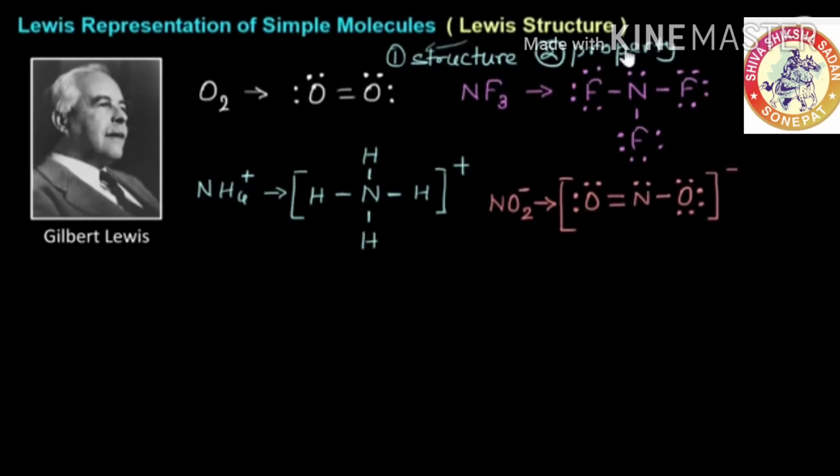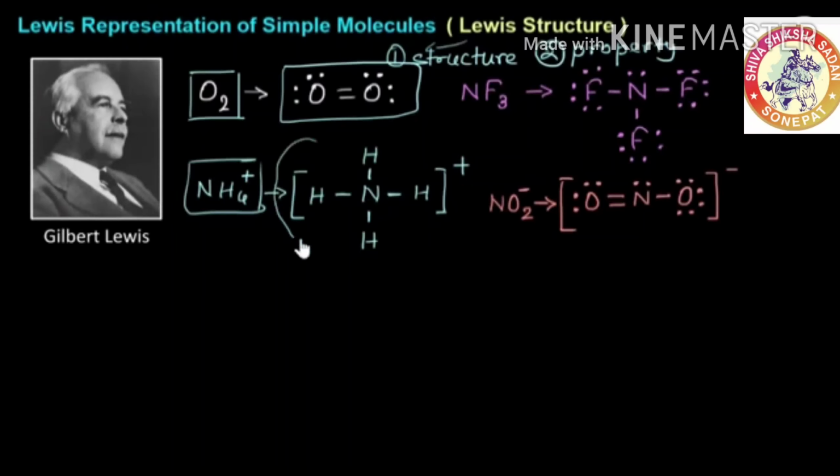So, how do we make these structures or Lewis dot structures? In this video, we will study how we make different Lewis structures or how we represent Lewis dot structures.